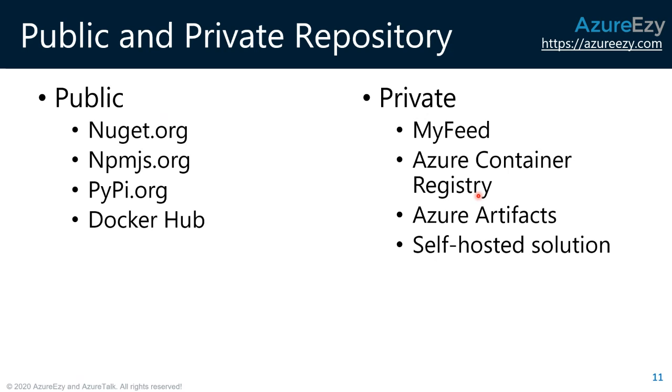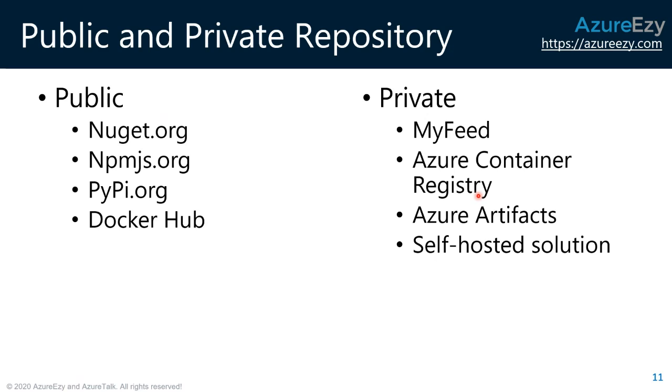With Azure Artifact, there is another on-prem solution as well, which is Azure DevOps Server. But if you don't want to explore the Azure DevOps ecosystem, there are various options. JFrog is one of the market leaders in the package management world for on-prem or online package management.